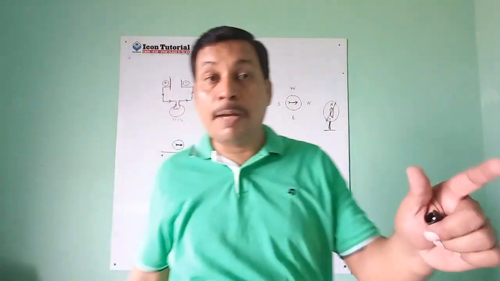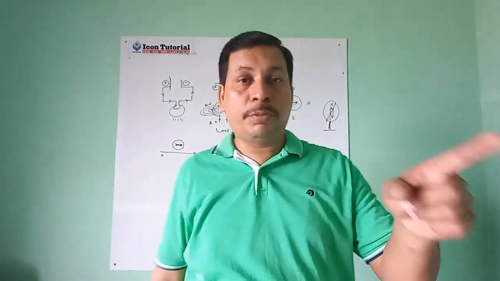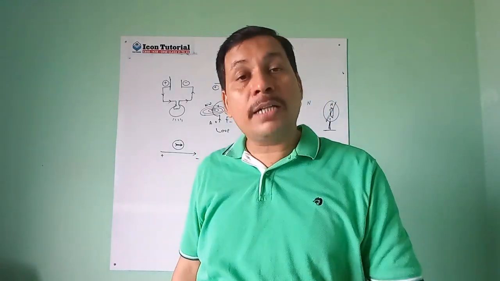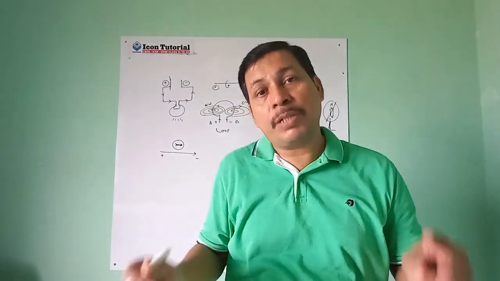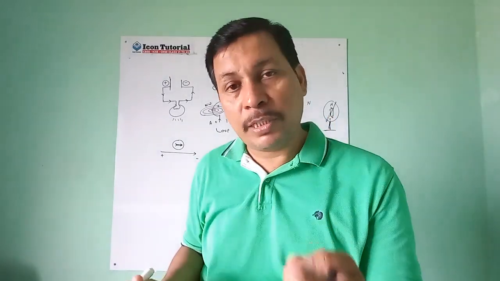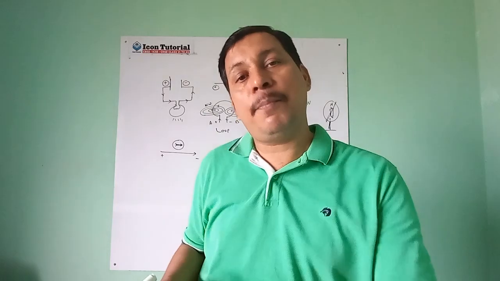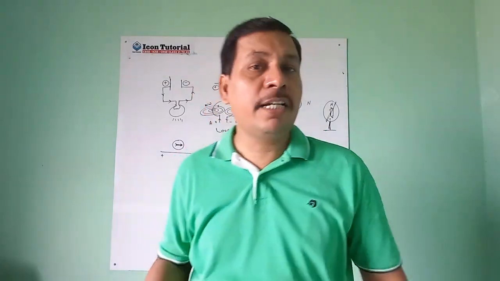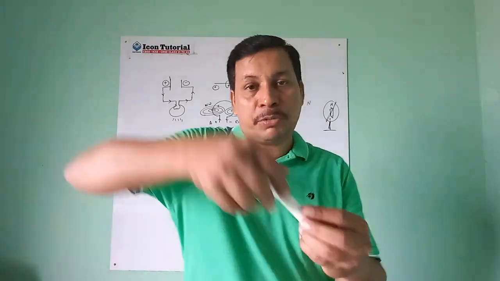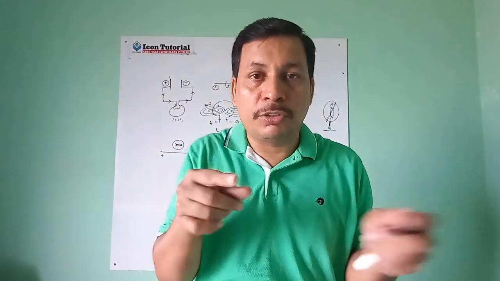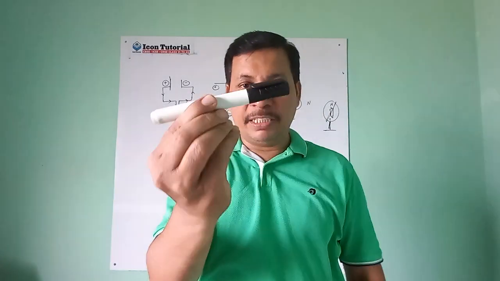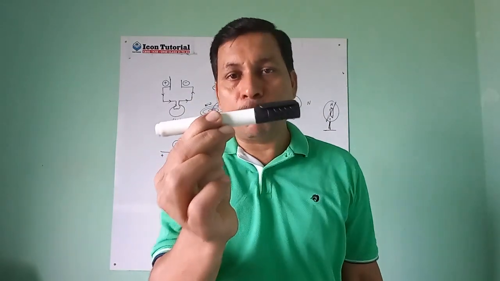Inside the earth there is a magnet, and that magnet has poles, a south pole and a north pole. The earth's north pole is in the geographically south direction, and its south pole is in the geographically north direction. Imagine this is a magnetic compass.